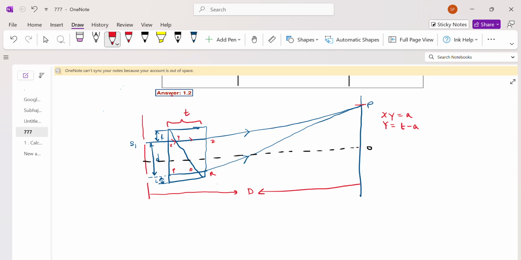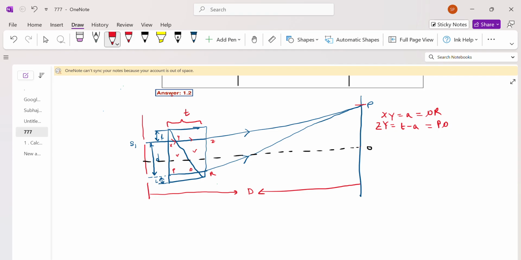This is equal to my PQ, which is evident from the diagram because this block and that block are identical. So YZ is T minus A, and XY is equal to QR. These are a few things we need to keep in mind.